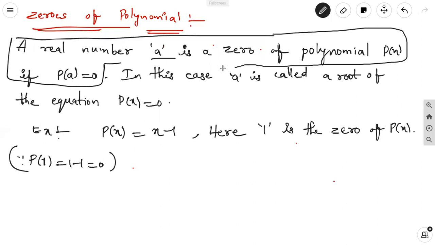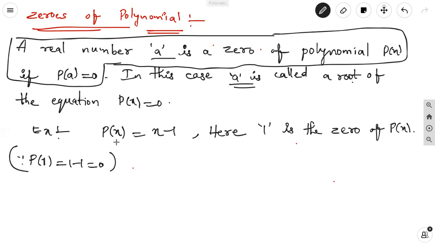For each and every problem you should write this one. A real number a is zero of polynomial p of x if p of a equal to 0. In the same case, a is called the root of the equation p of x equal to 0. For a polynomial it is the zero value; if it is an equation, the same value is the root.